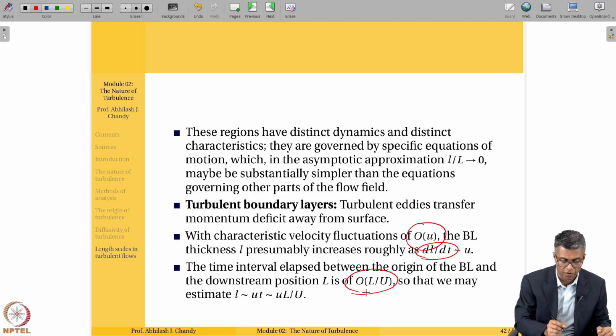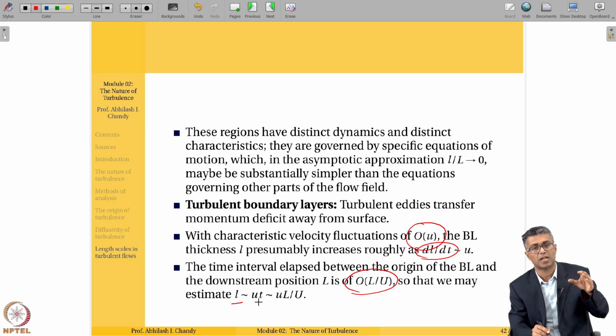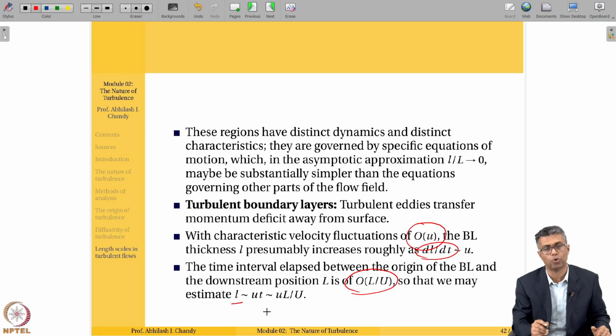So now if I think of my diffusive length scale, small l, it can be written as u times T, and T is that time scale associated with the large length scale. So that would be uL over U.